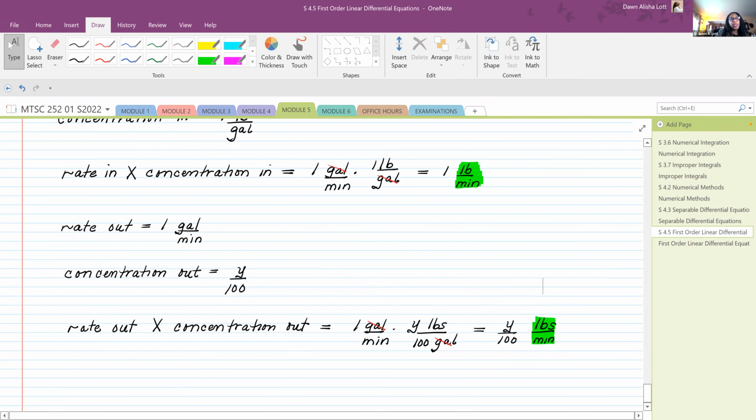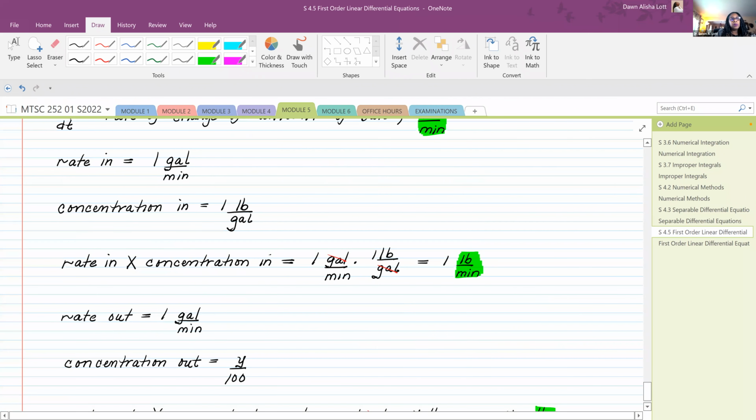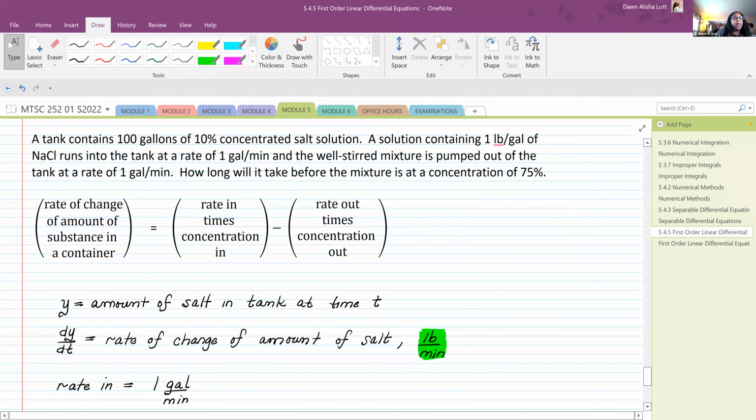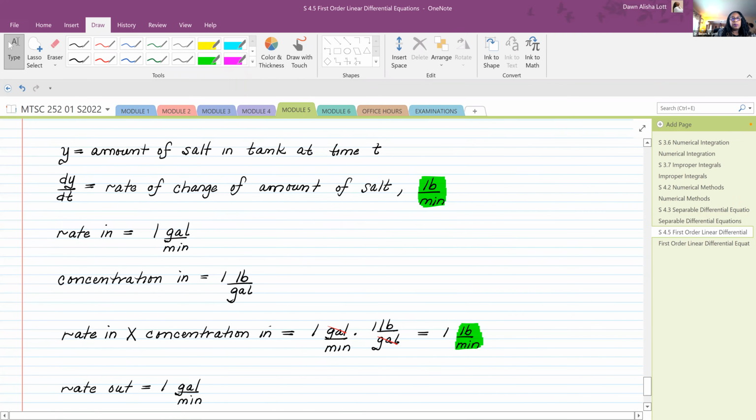So now I'm going to go back to my original statement, which is the rate of change of the amount of substance in the container, that's dy dt, is going to equal the rate in times the concentration in minus the rate out times the concentration out.